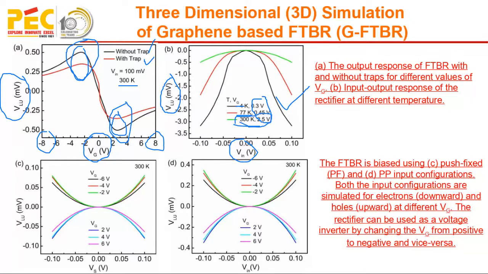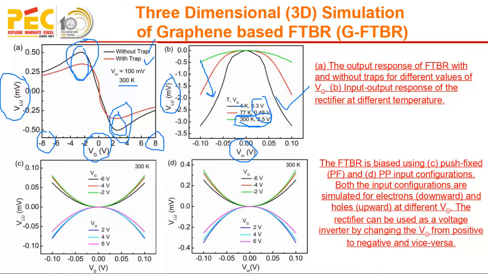When we decrease the temperature from 300K to 4K, we are getting a better response, because when we decrease the temperature, the mean free path of the charge carriers is better as compared to the overall dimension of the device, so that the charge carriers never face any kind of scattering and they move like a bullet. That is why the device is called a ballistic rectifier. So as we decrease the temperature, we are getting better and better response.